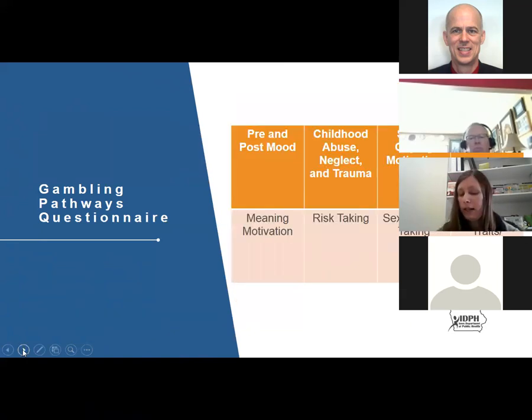Next slide, please. So these are the 8 areas that the assessment is looking at. It's not all gambling related, which is important to tell your clients in the beginning, because some of the questions ask about their behaviors while they're gambling, and some, like the sexual risk-taking questions, are about sex and risks with that.